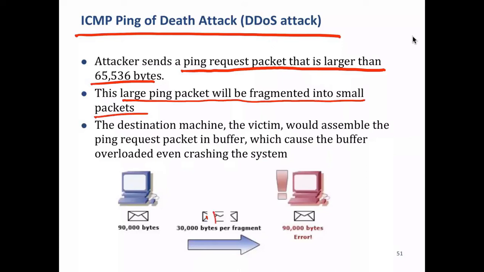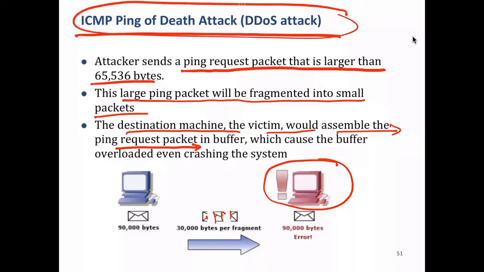The destination machine, the victim machine, will try to reassemble it. It will keep on accumulating these pieces in the buffer and putting them together, and the buffer will overflow because the packet size is very large and the machine may not have the logic to check all these things. This is called the ping of death attack, wherein you send a very large ping packet.